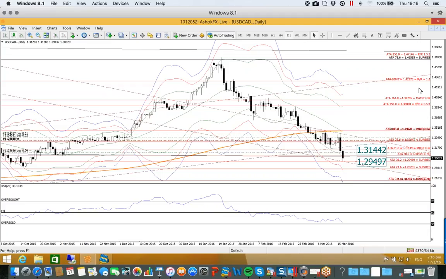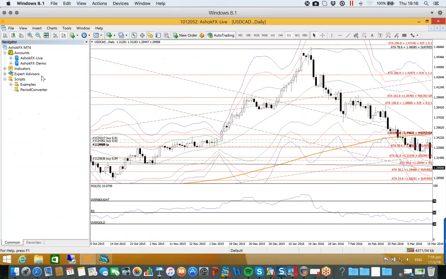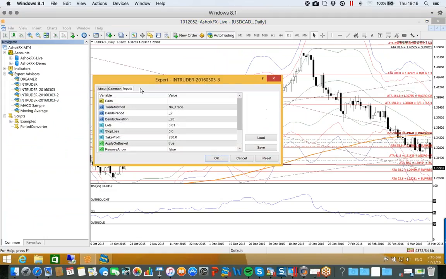However, if you want to do Intruder trade, it's much easier. For those who don't know Intruder, you can stick to the single order. If you want to do Intruder, then you can go down to the expert here. You should have this Intruder, 20160.303.